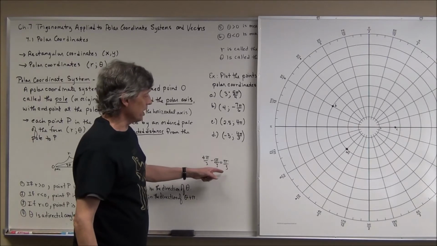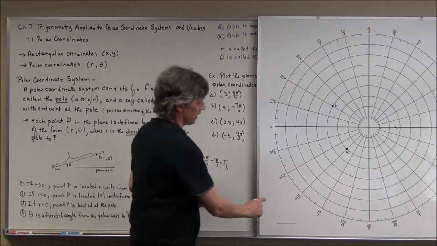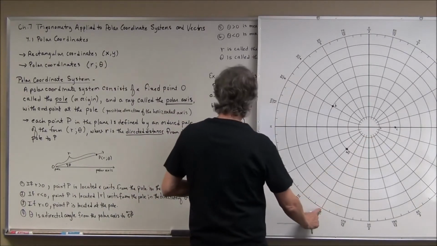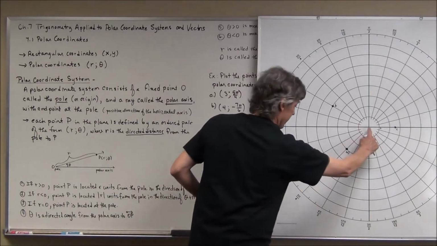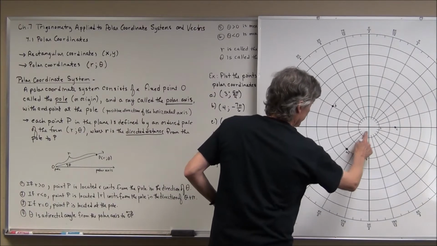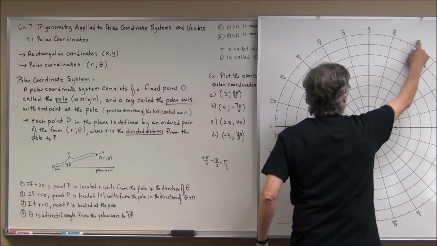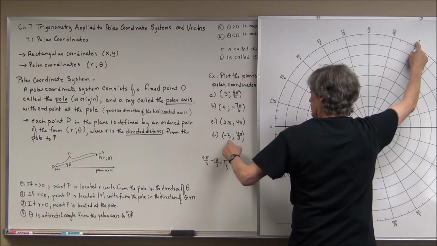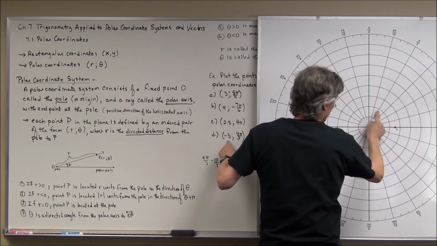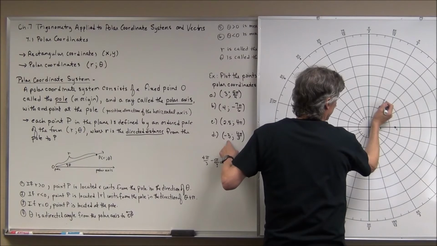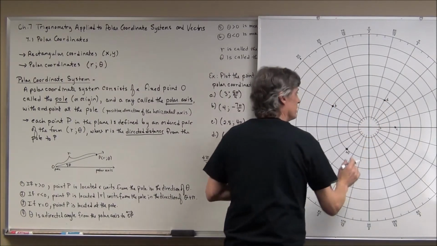That would be the direction I'm going. 4 pi over 3 is out this way. But because my polar distance is negative, I'm not coming out this way. I'm going the exact opposite direction at pi over 3, and a distance of 3, the absolute value of 3. So I'm going to go 1, 2, 3. Hopefully this is still on the screen, and here's the answer to D.